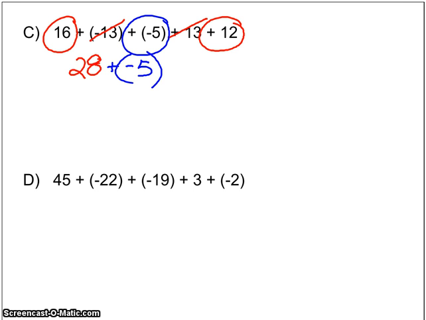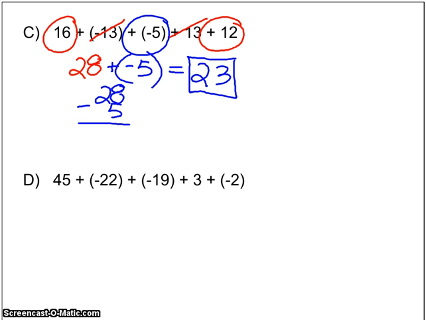Okay. And again, I have 28 positives. I only have 5 negatives. Which one do I have more of? More positive, so my answer is going to be positive. And because I have a positive number and a negative number, they are different. I must take the difference, and I get a positive 23.